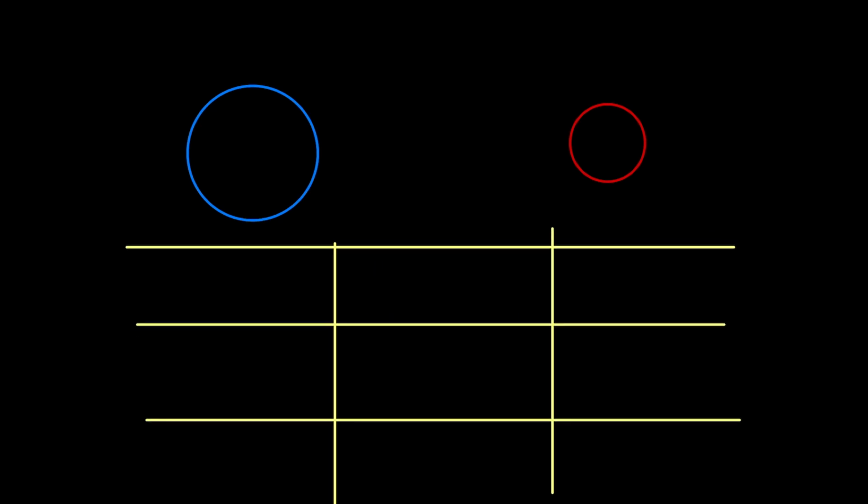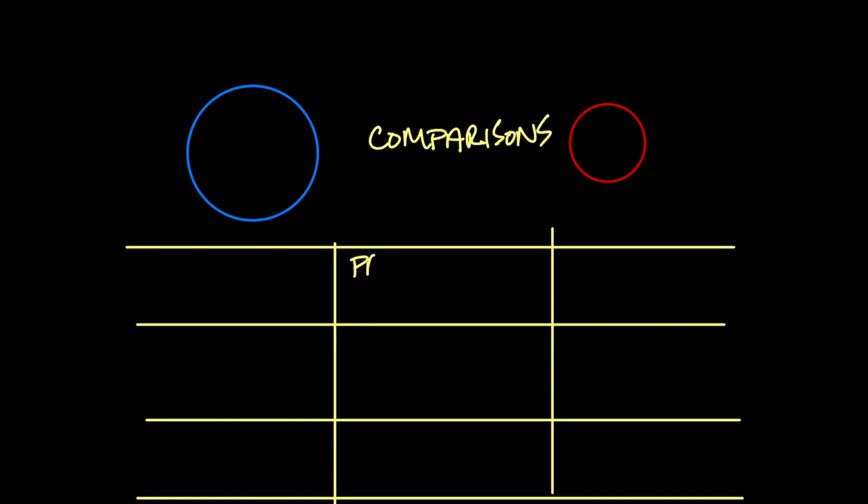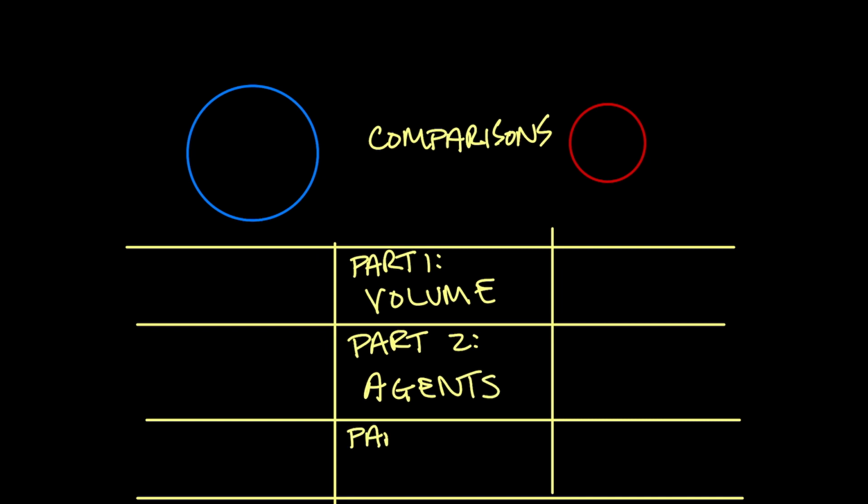So, how much money should exist on Mars? In this video, we did 3 comparisons and associated calculations. These comparisons were really just intended to give us an idea of how we could approach this problem. We compared the volume of the 2 planets, we took an agent-based approach, and we took a complexity-based approach.